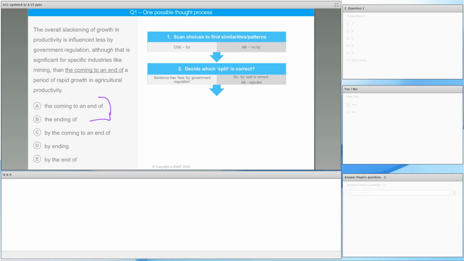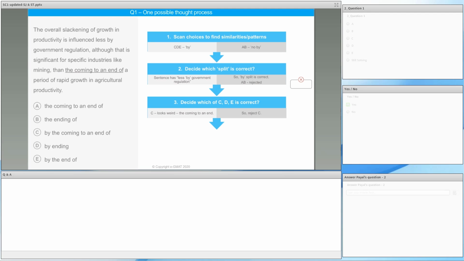And I notice in the question that I have less by up here, so I must need than by, because I know my grammar well enough to know that I need parallel entities when I have this structure. So I'm going to reject choices A and B right away because they don't have that by.